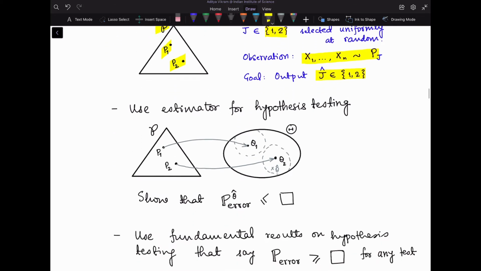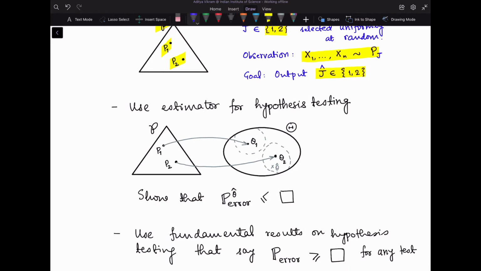Okay, so now what we do is we use our estimator for solving this hypothesis testing problem. So how we do that is we compute theta hat of xn. So we have this estimator theta hat.